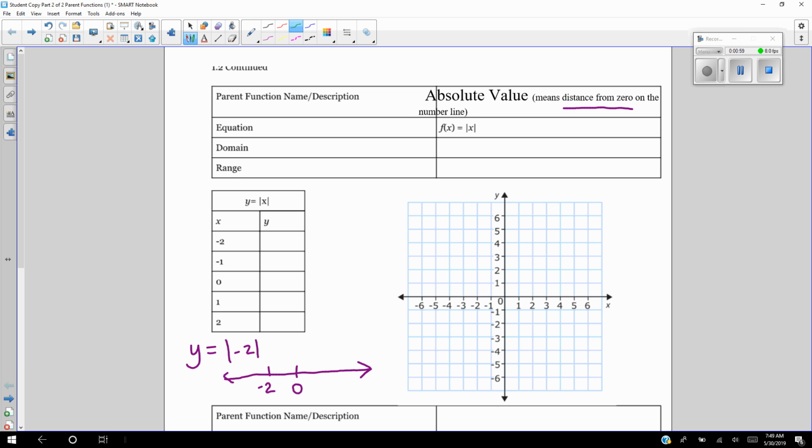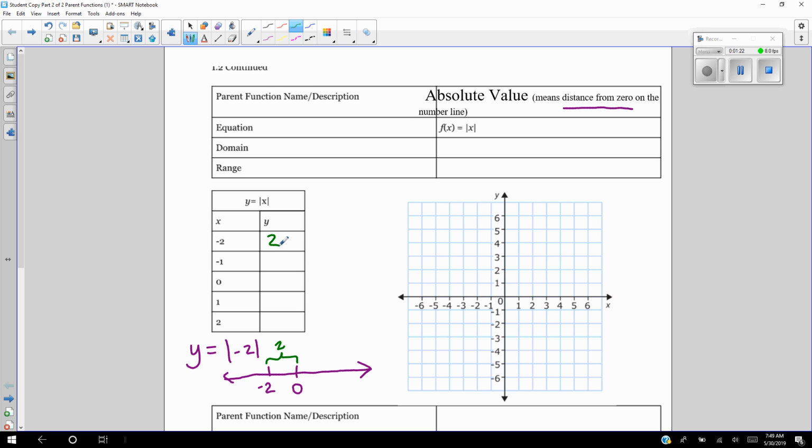You wouldn't say it's -2 units. When you're talking about distance, if you're talking about how far you are away in your car from a restaurant, you say, I'm 2 miles from that restaurant. You don't say you're -2 miles from the restaurant. So -2 has a distance of +2 from 0 on the number line.